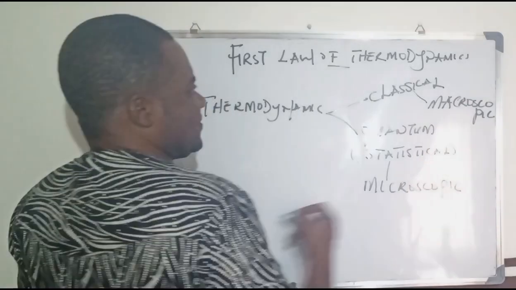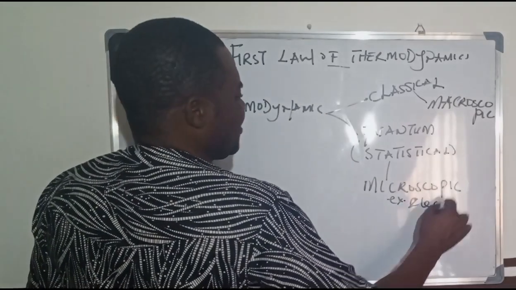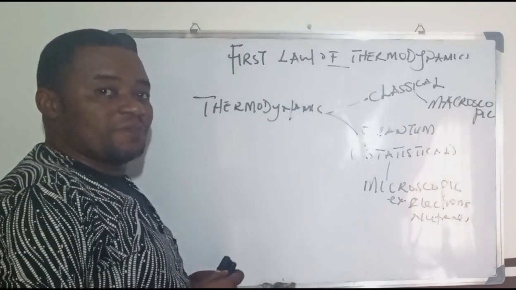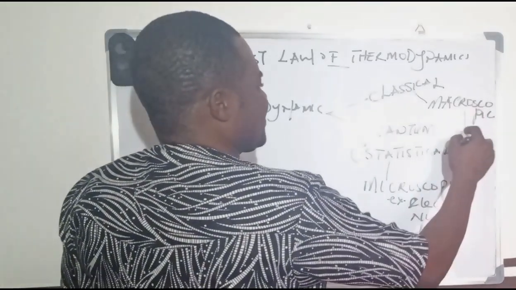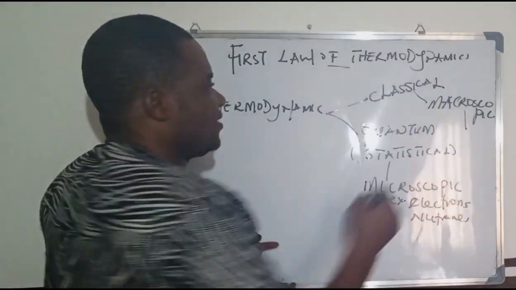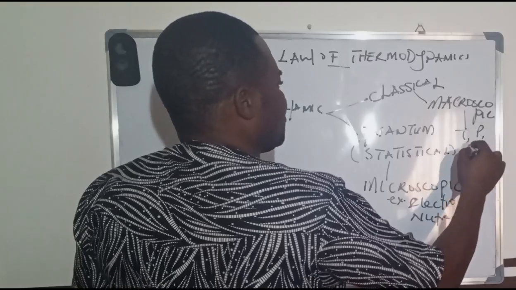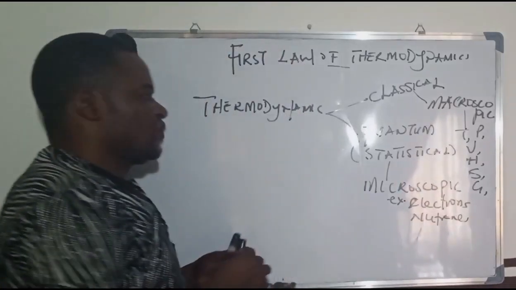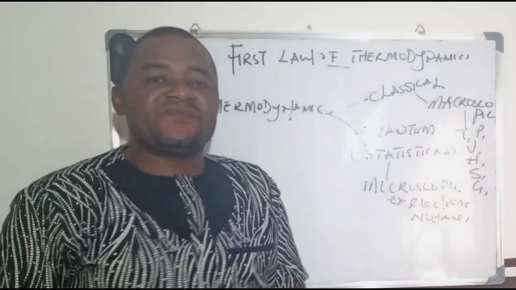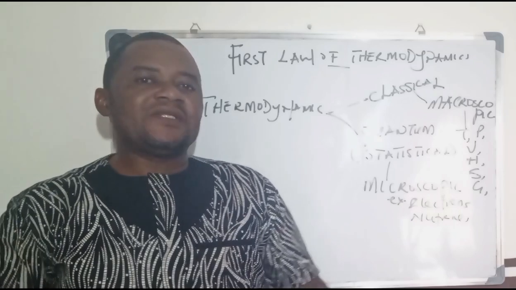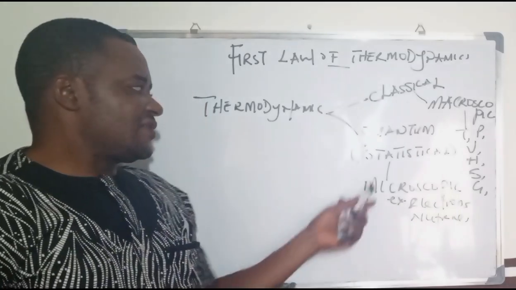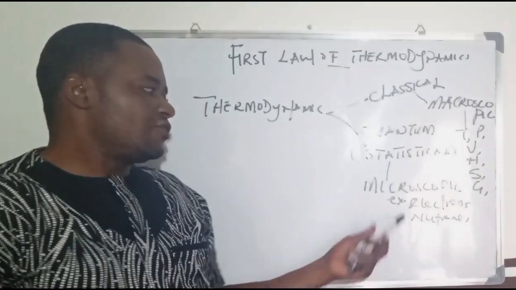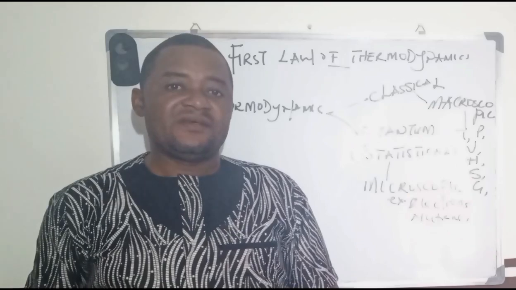The microscopic parameters are like the electrons, the neutrons, those very minute particles, while the macroscopic deals with systems that border on temperature, pressure, volume, enthalpy, entropy, and also the Gibbs free energy, etc. So classical thermodynamics talks more about these major parameters that are built on large scale measurements, while the statistical thermodynamics deals with very minute scale discussion like neutrons, electrons, protons and all those things.